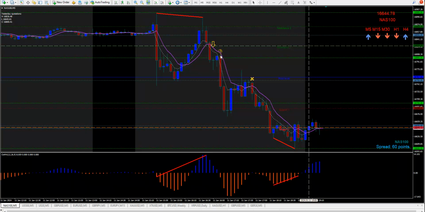We had a higher close, sell it, and down it goes. So it still would have worked out. But that was the divergence right here. Sometimes you'll get the divergence on the 5, it doesn't line up on the 15, but the divergence on the 5 still works out. You see what I'm saying?